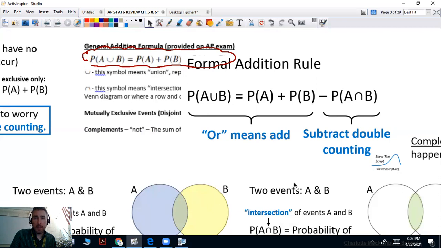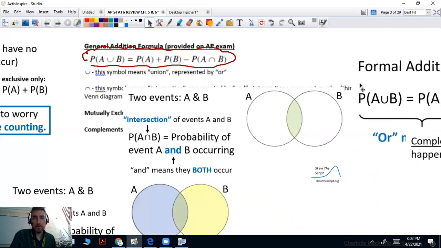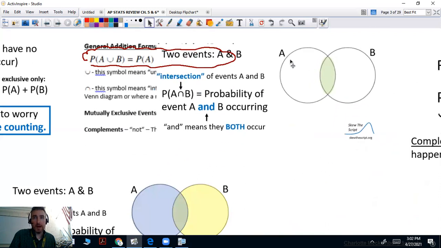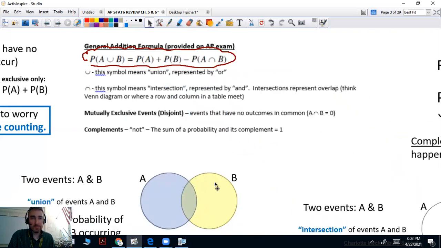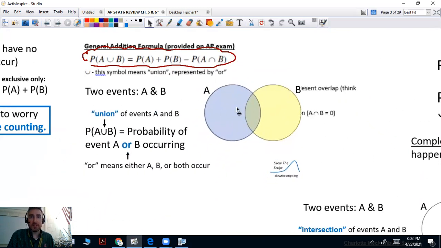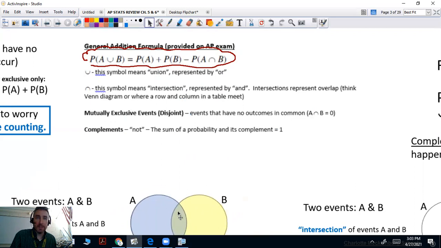As a Venn diagram, what that means is if I added A and B together, well, that overlap is already there, so we have to take it away so that we're not counting it twice. And the union means just everything combined together. Hopefully a Venn diagram helps you visualize what the union means.